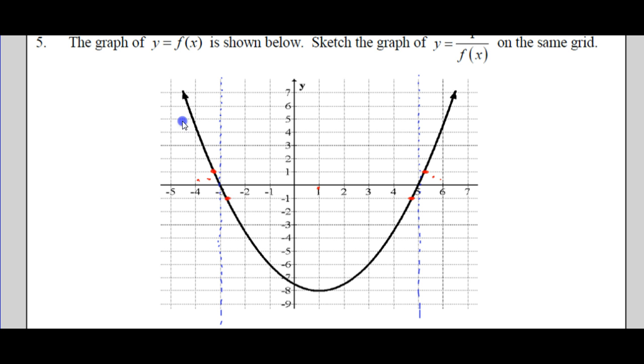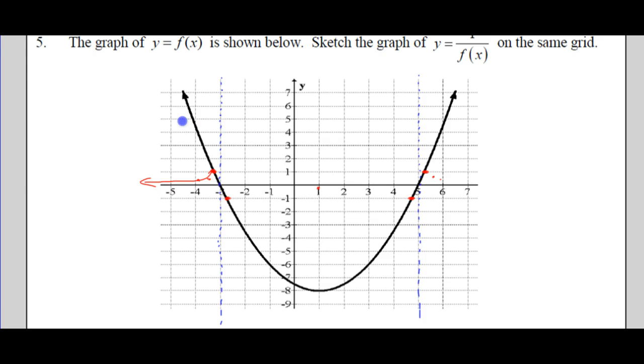That lets me know what's happening out here. I'm going to be going down like that. Why? These values are getting larger, so reciprocal values get smaller. Invariant point. These values get smaller, but they are positive, right? What happens when you take 1 divided by a really small positive number? You get a very large positive number.